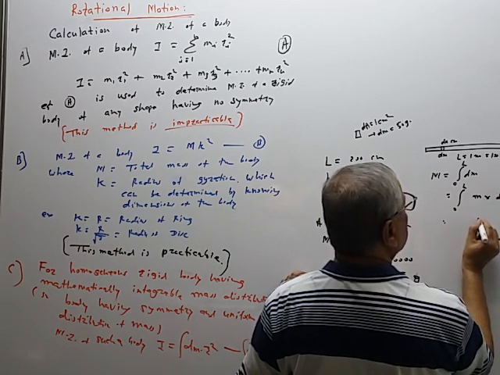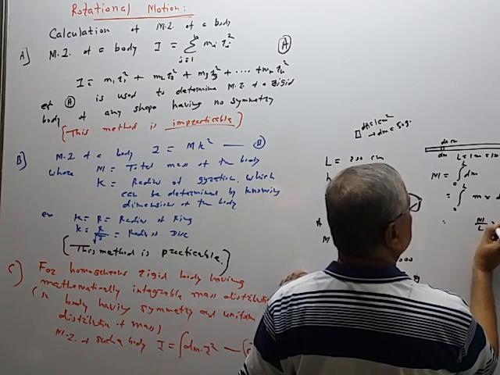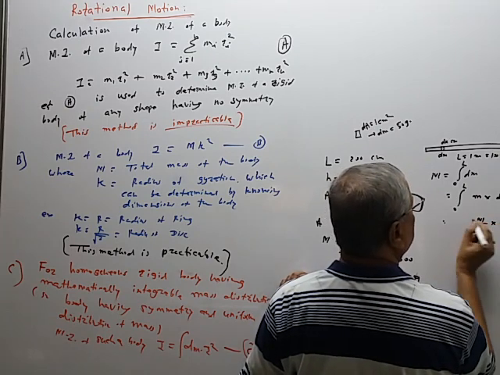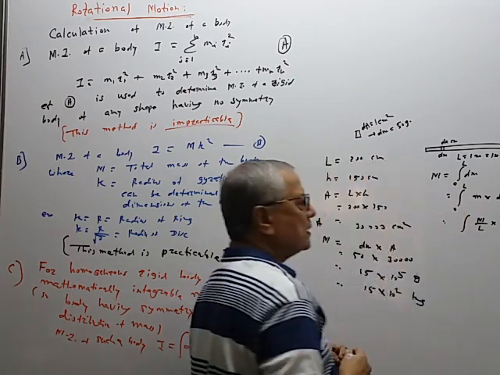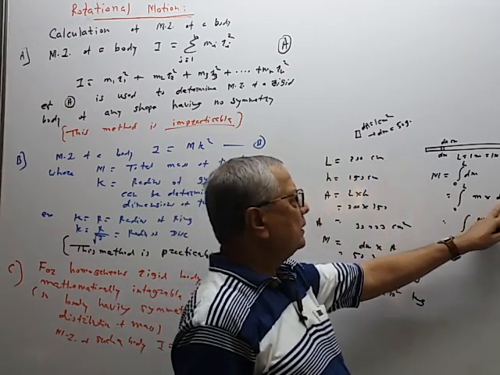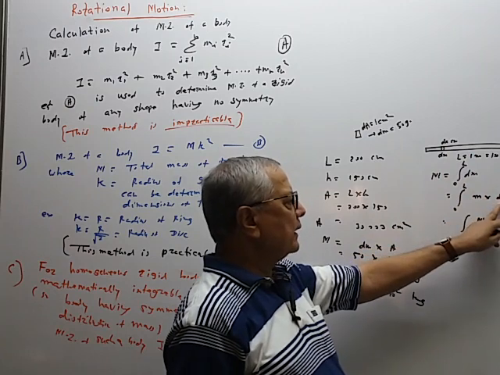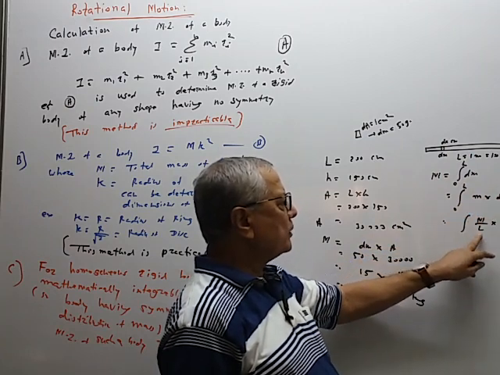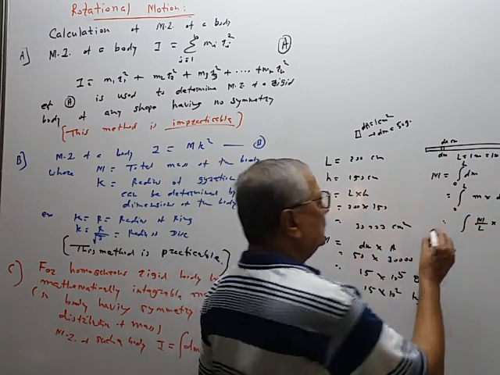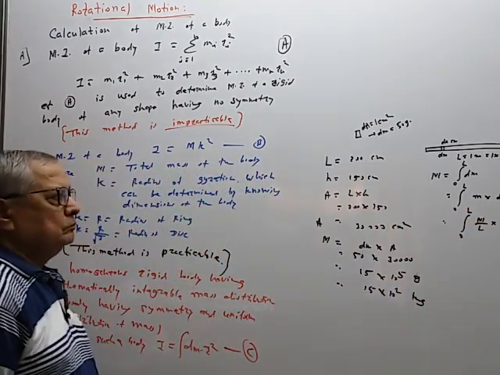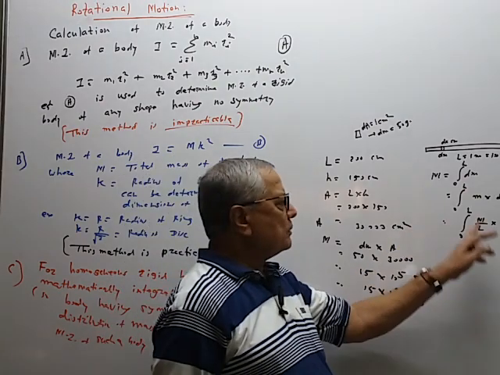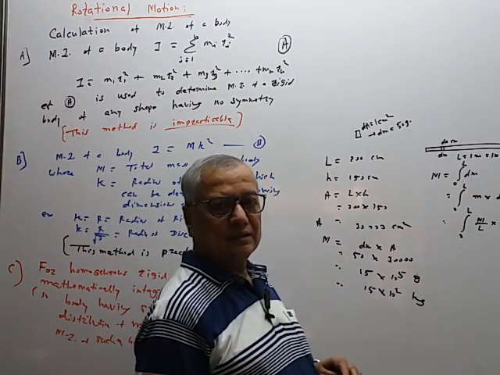So mass upon length multiplied by dx, like this. So dm is given by mass per length multiplied by length of the element dx. So total mass is m, total length is L multiplied by dx. So this integration will give the total mass of the body, like this.